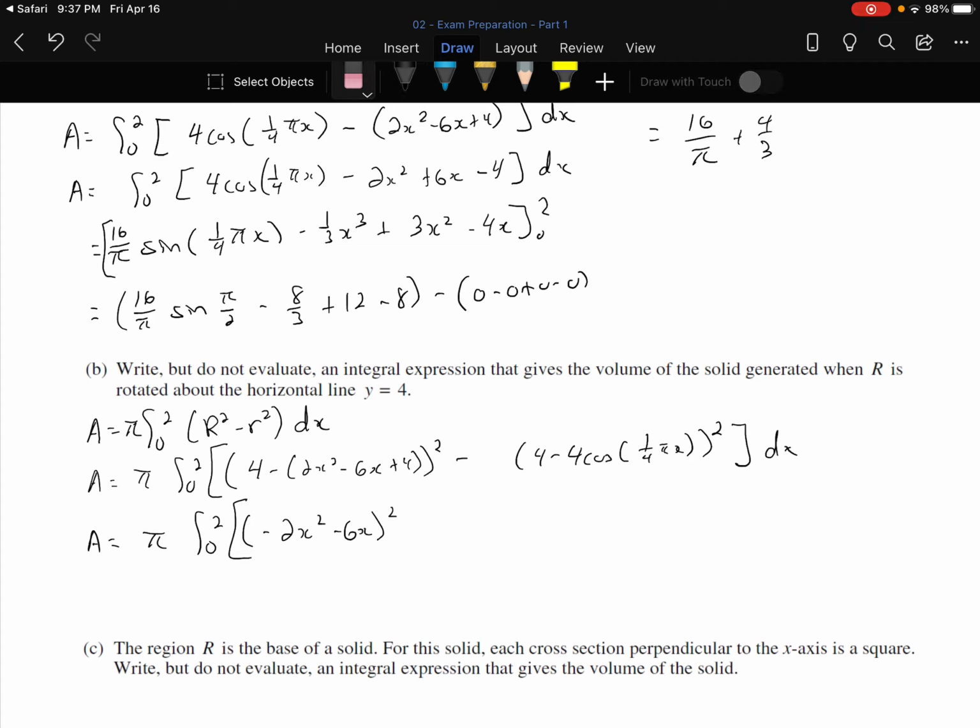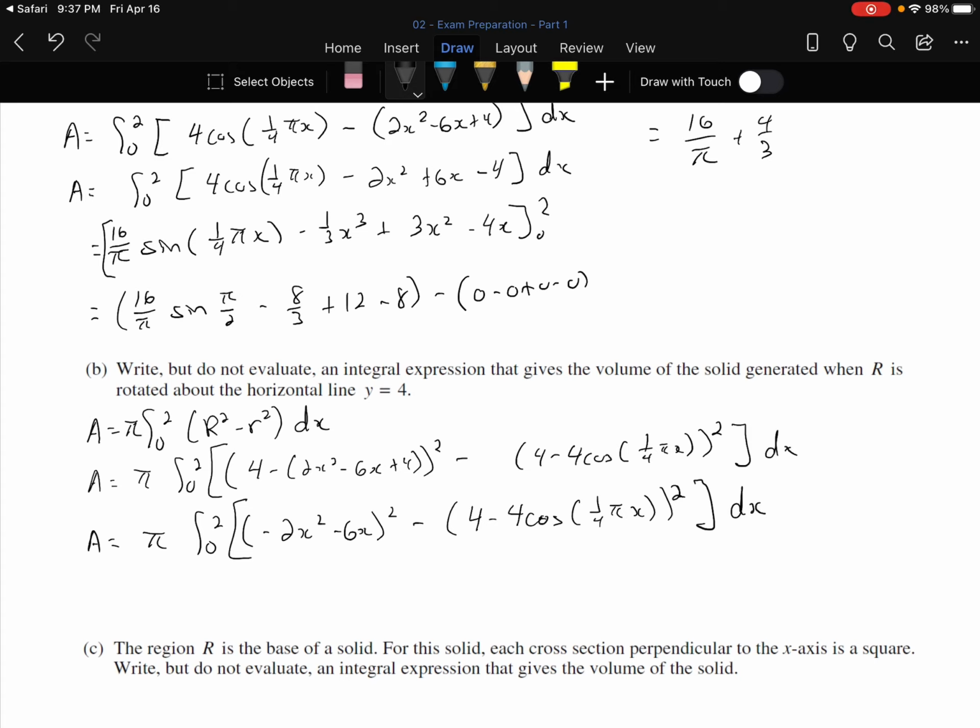I common factored that pi up front, so I didn't need that pi there. And then in this one, minus, well, nothing I can do in there. So 4 minus 4, nothing really productive anyways. You might feel like you want to common factor the 4 out or something like that, but I don't think that's hugely productive here. And they said write but don't evaluate. So that's the crazy integral I get there.